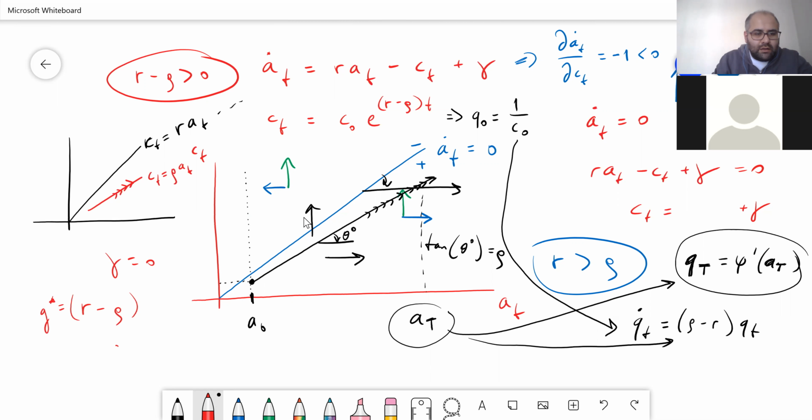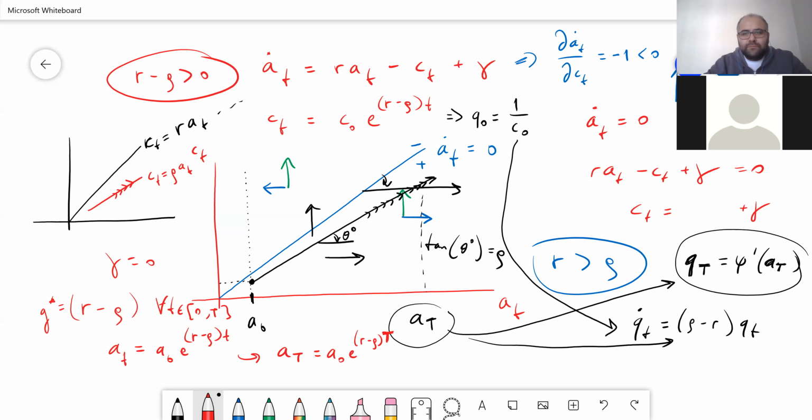Then, since this is true for all t, including 0, you can tell me that AT is equal to A0 e to the r minus rho t, then capital AT is equal to A0 e to the r minus rho, capital T. That's it.